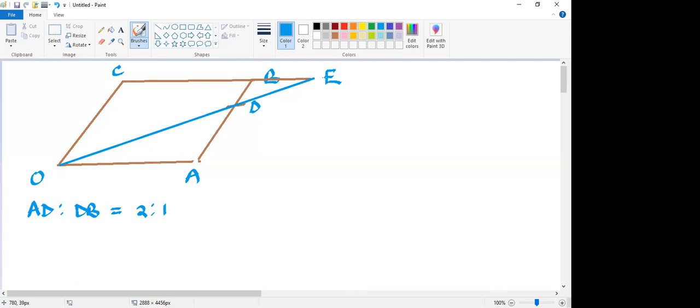Suppose we are given DE as H OD, and we are given BE as K CB.